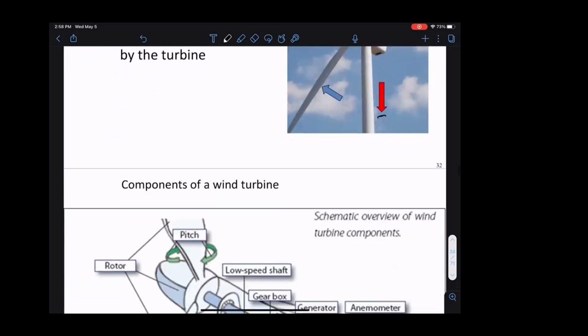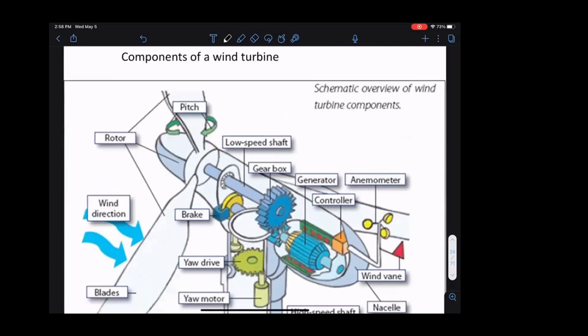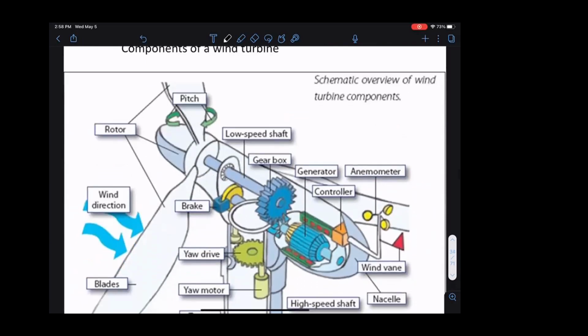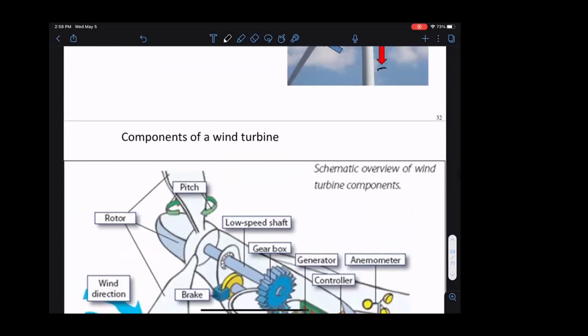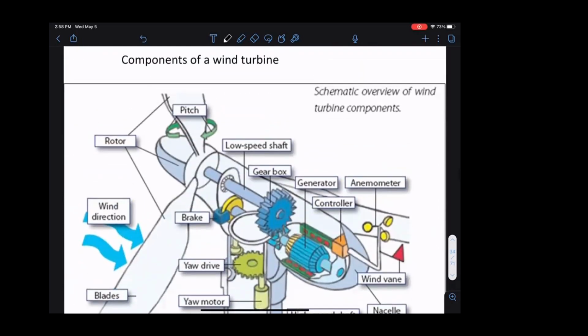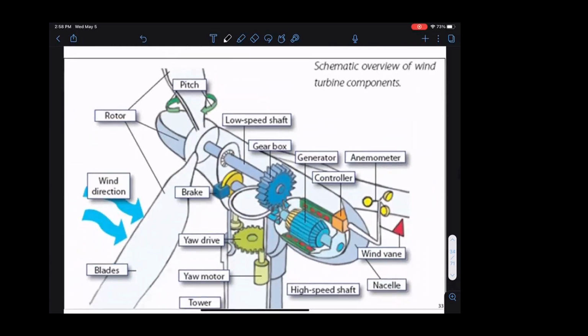If you want to take an even closer look inside of the turbine, on the blade you can do pitch. Inside the housing of the turbine, you have a generator, you have a lot of gearboxes, you have a lot of mechanical systems that are controlling this turbine.